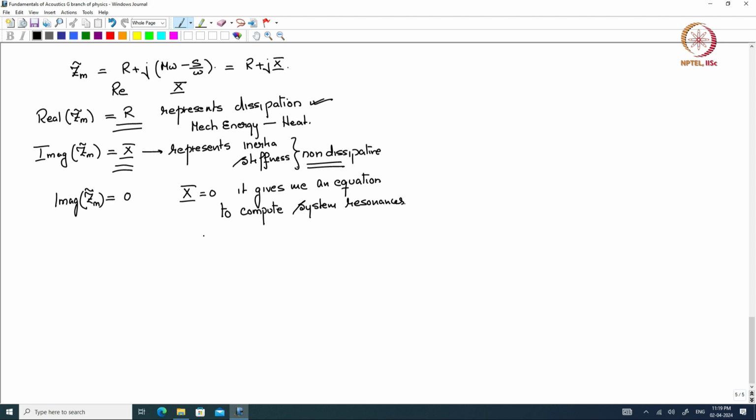That means if I now set just the imaginary part, which is m omega minus s over omega, to 0, then my omega n square is s over m, or omega n is equal to plus minus square root of s over m. So it gives me an equation to find the natural frequencies or resonances.